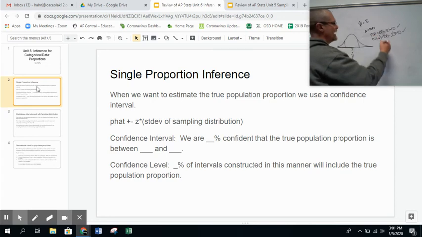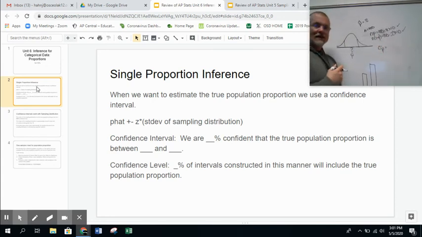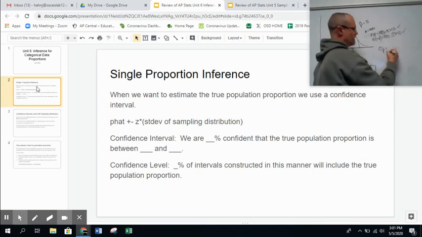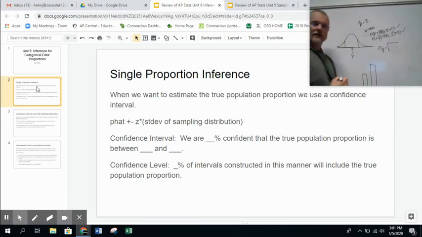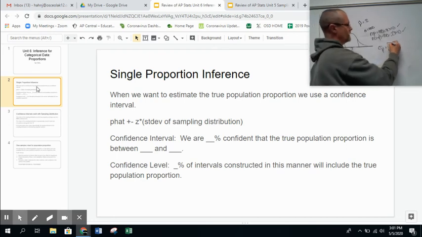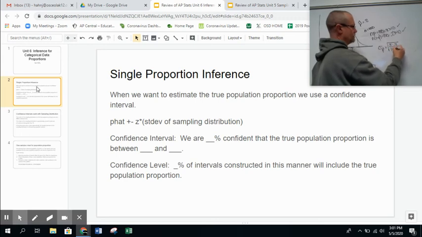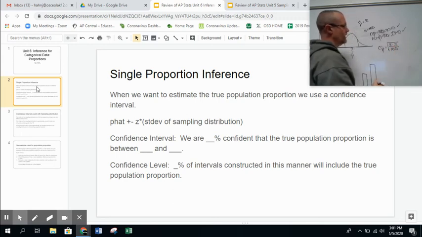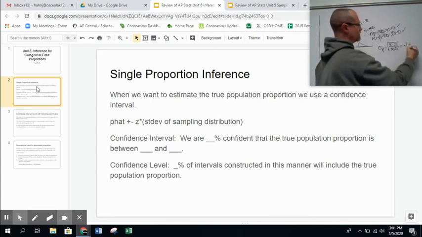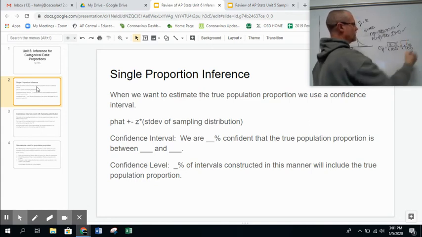That's going to be the standard deviation of p hat, and my best guess here is going to be using the p hat. So that's the square root of 0.8 times 0.2 over 100. 0.8 times 0.2 is 0.16, divided by 100, square root.